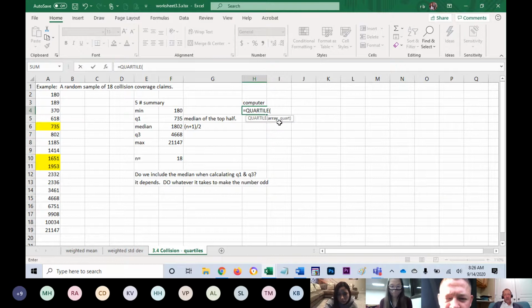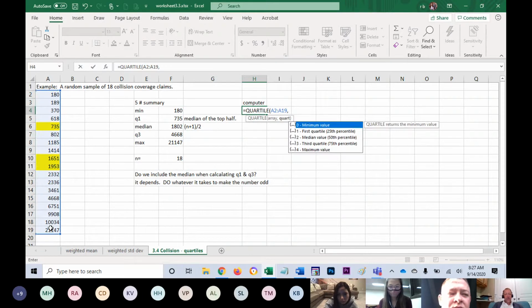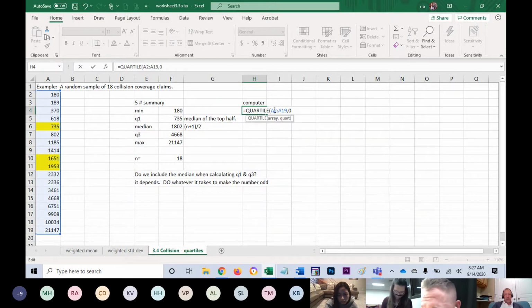Array means your data set, so you put your data set in here, then press a comma, and then you can press 0 for the minimum, 1 for the first quartile, and so on. The easiest thing is to press F4, which puts dollar signs in there and tells those numbers not to change.